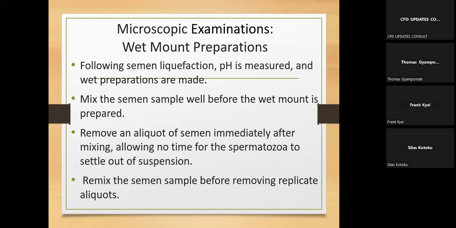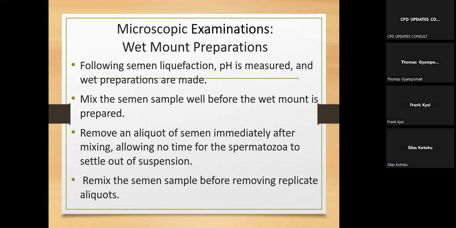So if I mix the specimen and take a drop to examine, and I'm going to take a second drop, I have to remix, because some of the cells will begin to settle. Depending on where you take your drop, it could be from the surface or from the bottom. If it's from the bottom, you are going to take too much of the sperms. If it's from the top, you are going to take less of it.